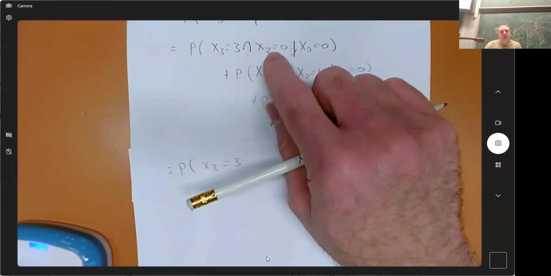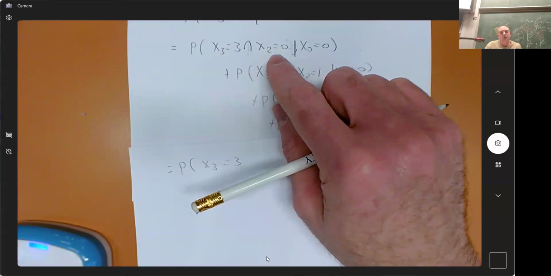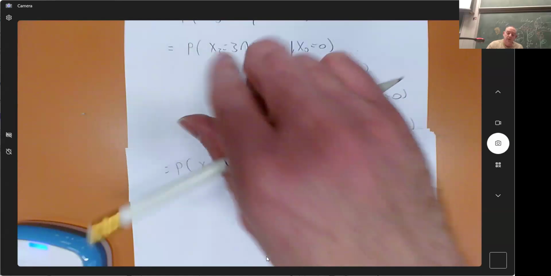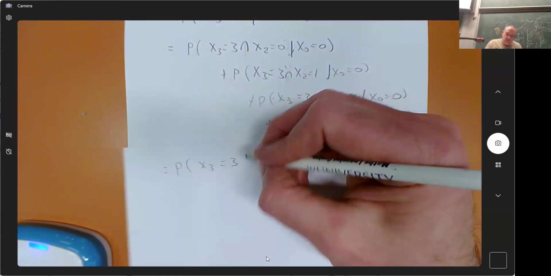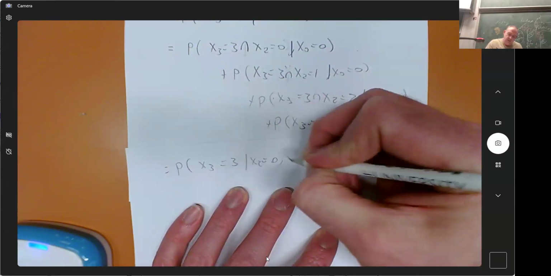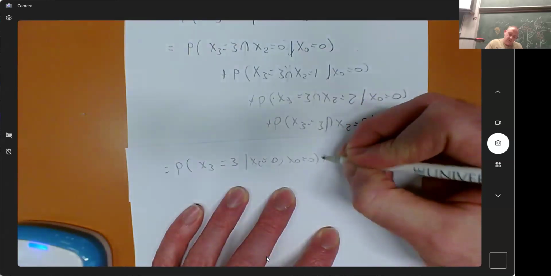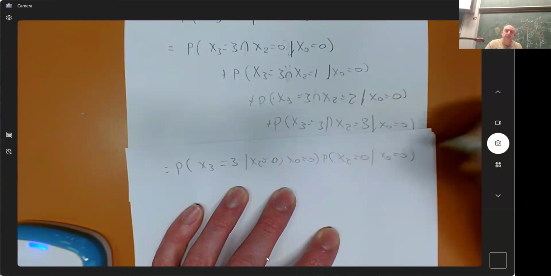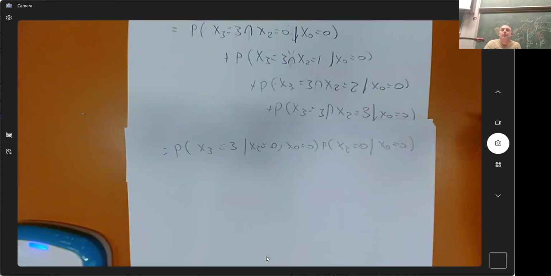So this event happens if you go from x0 to x2 and then from x2 to x3. So this is x3 equals 3, given that x2 equals 0 and x0 equals 0, times the probability that x2 equals 0, given that x0 equals 0. Is that okay?